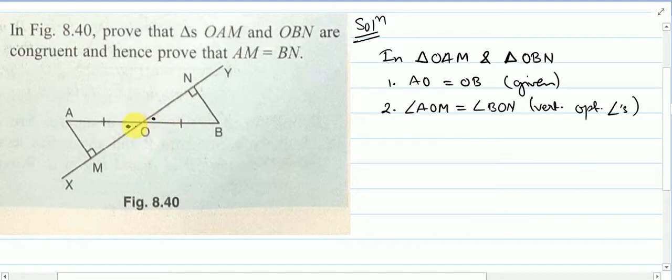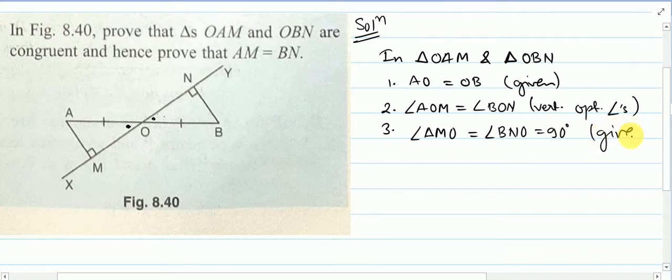This and this are vertically opposite, so equal. Number 3, angle AMO is equal to angle BNO equal to 90 degrees.